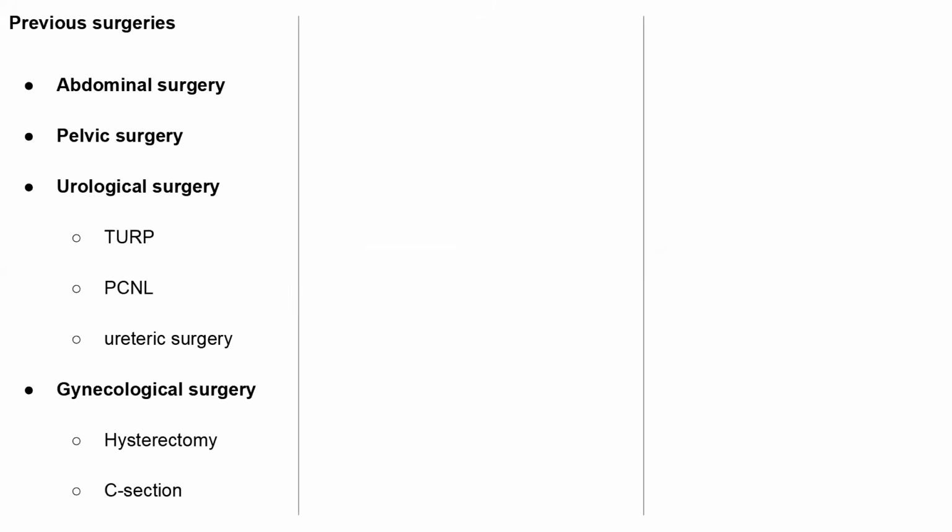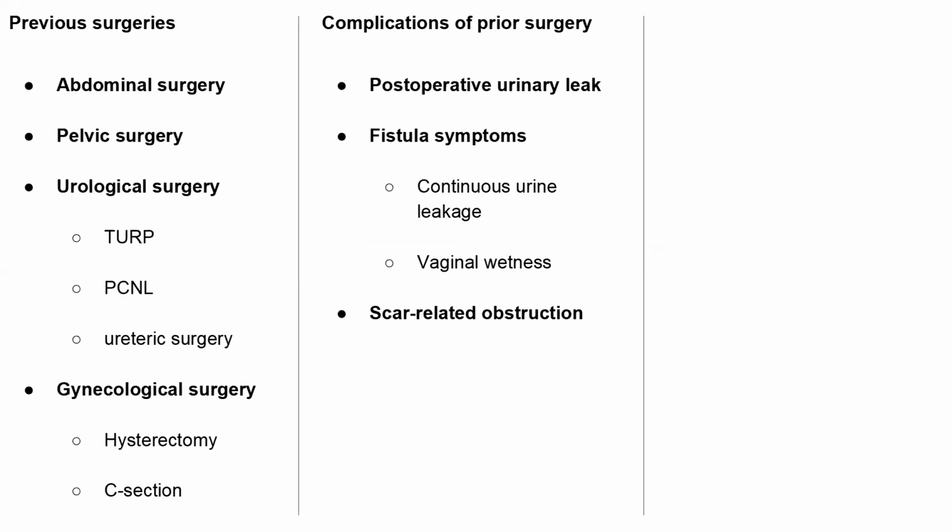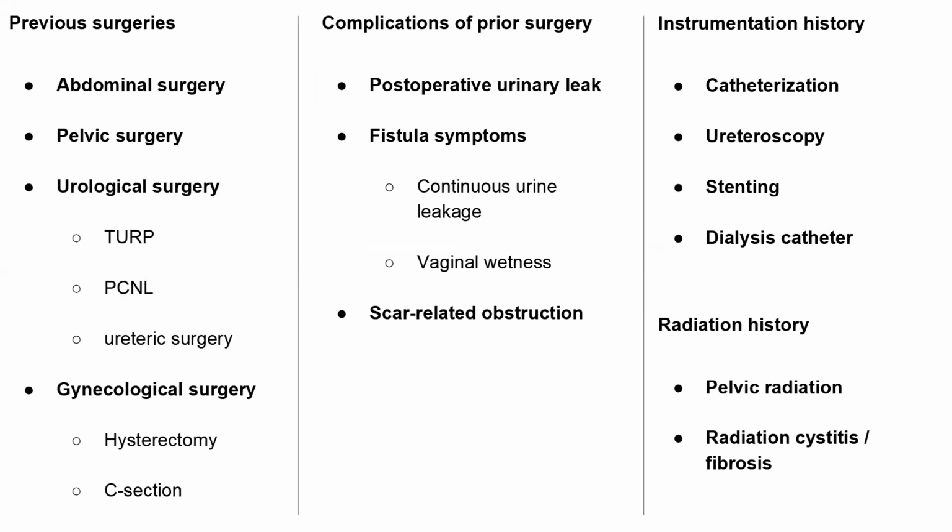Previous abdominal surgery, pelvic surgery, urological surgeries, or gynecological surgery are of urological consequence. Complications of prior surgery could be urinary leak post-operatively, fistula symptoms, or scar-related obstruction, or instrumentation history via ureteroscopy, stenting, dialysis catheters, catheterizations. Radiation history: pelvic radiation could be a cause for ureteric obstruction or radiation cystitis fibrosis.